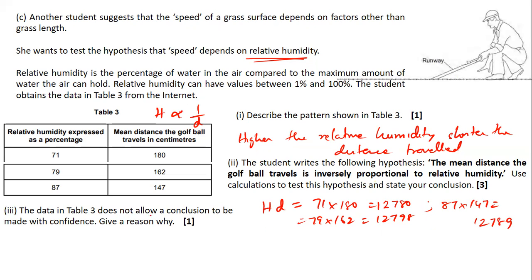The data in table 3 does not allow a conclusion to be made with confidence. Give a reason why. Why can't you arrive at a conclusion? What is the other factor that I'm missing?